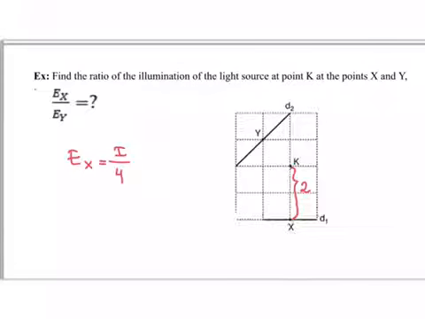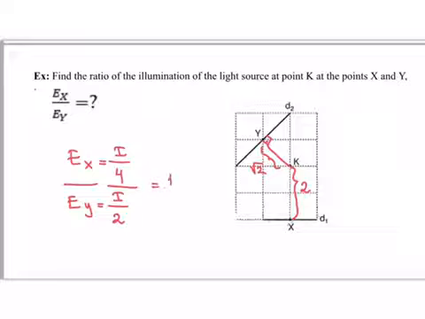The perpendicular distance of K to Y is this distance, which is equal to root 2. So the illumination at Y is equal to intensity over root 2 squared, which is I over 2. So when we take the ratio, we find 1 over 2.